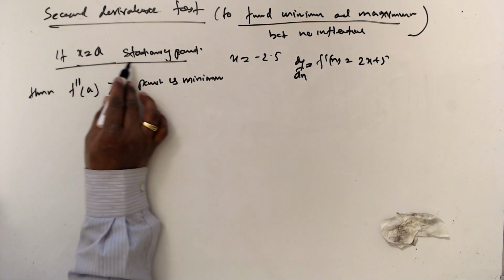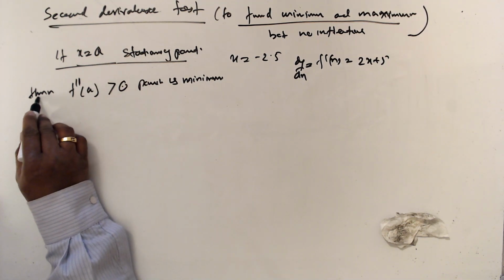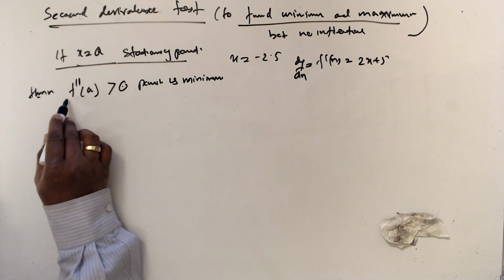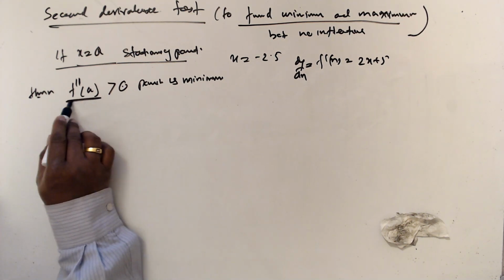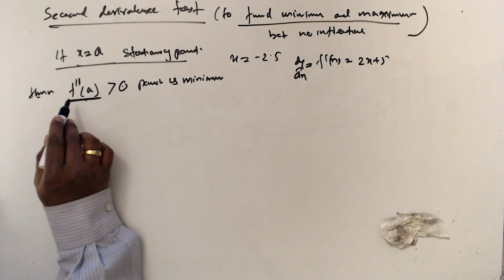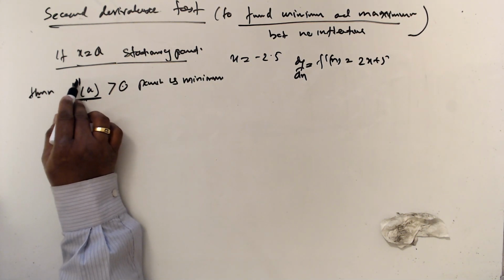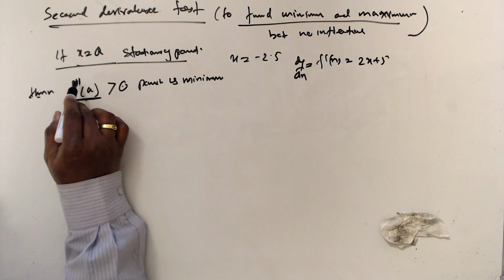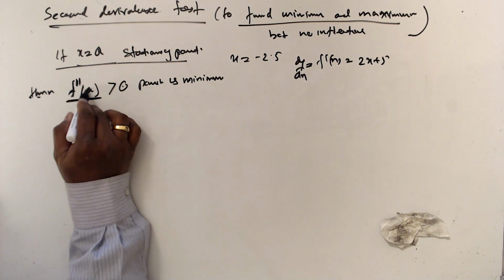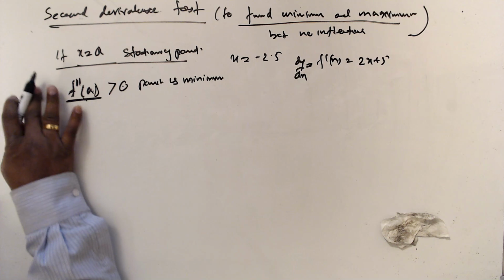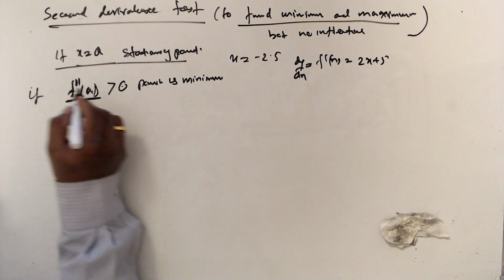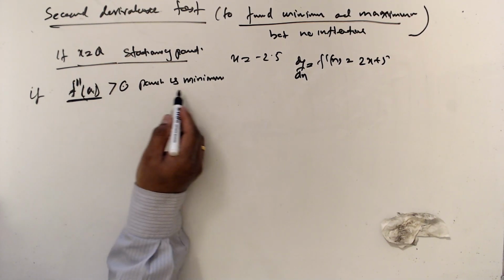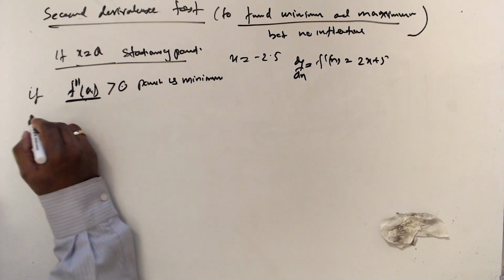If you put f double prime a, sorry, I always say double dash, f double prime a, and if it is greater than 0, then it is a minimum.